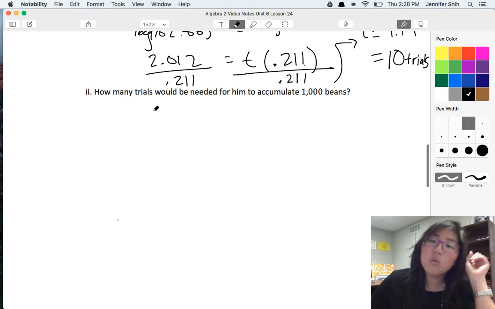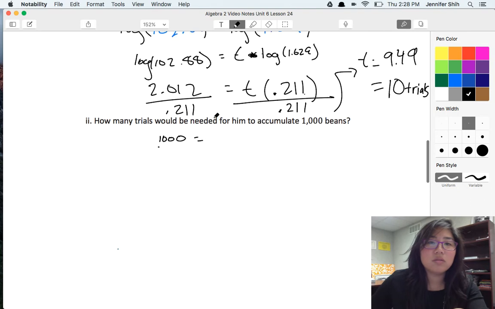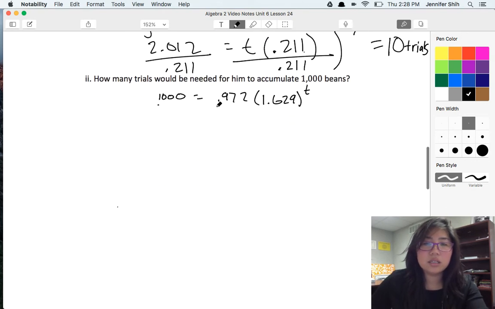Okay, let's do this one last time, but instead of 100, let's do 1,000 beans equal to 0.972 times 1.629 to the t power. Let's solve this.